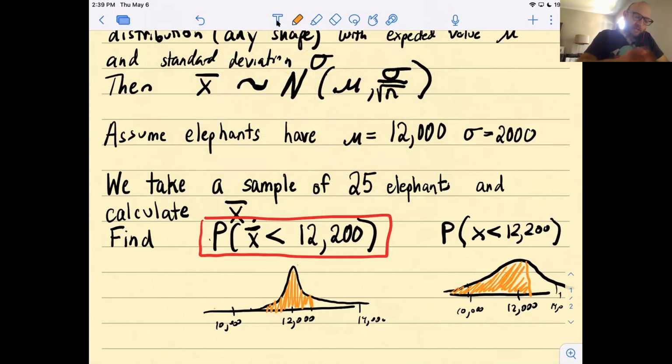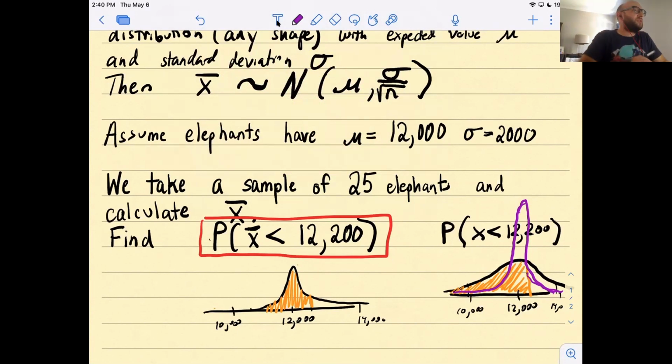Honestly, it would probably be even steeper, but they both have to have area 1. So maybe if I draw them on top of each other, it would be clearer. Something like that. And it tapers off much more. Okay, so let's actually calculate it to see why that's the case.